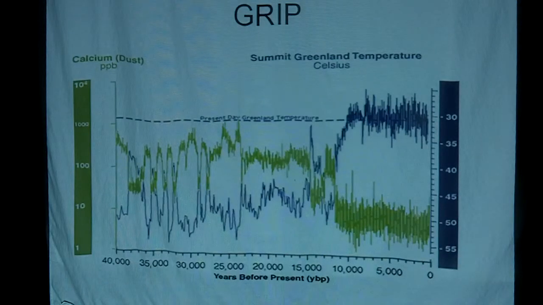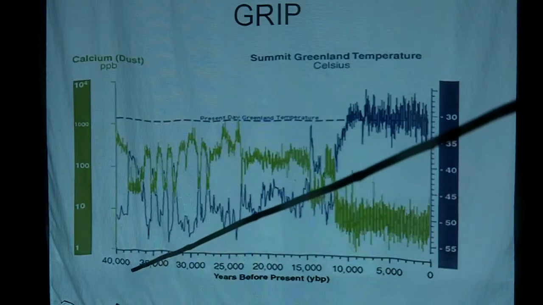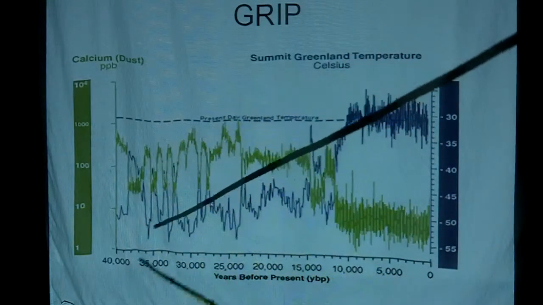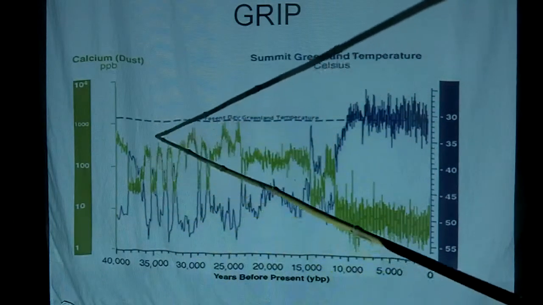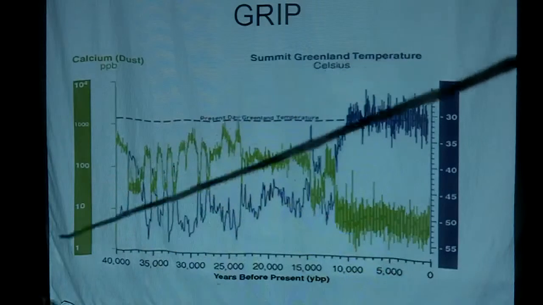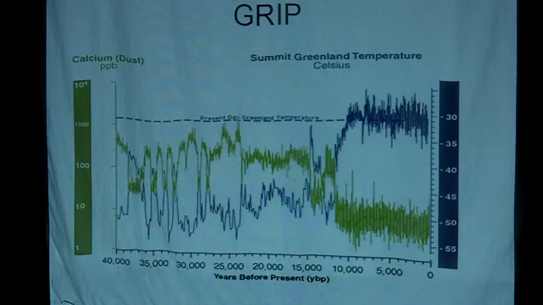Now the people that wrote or interpreted all this data said that, well, this is during the ice ages, so the ocean levels were 300 and 400 feet lower than they are now, so there was a lot greater area of land exposed, and they convinced themselves that that was the cause of these variations in terrestrial dust in the Greenland ice core.